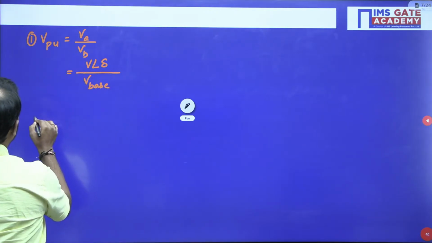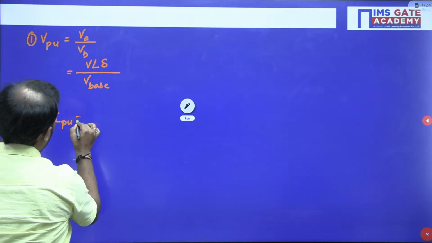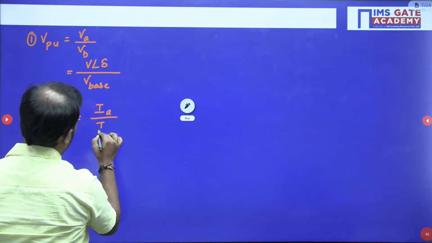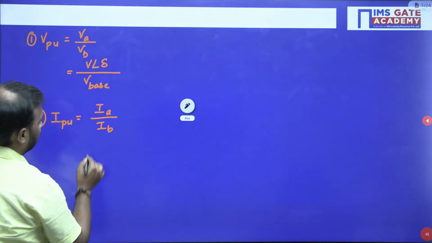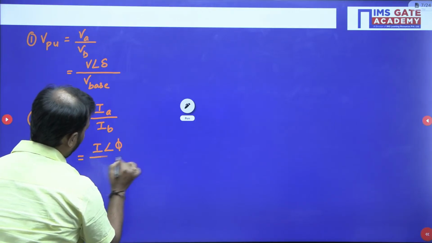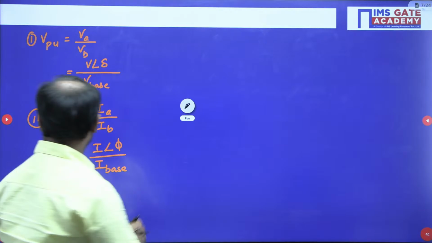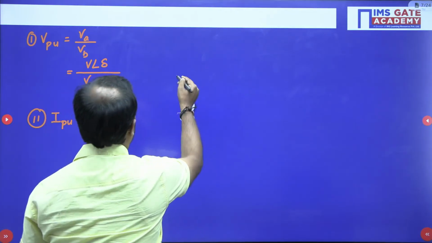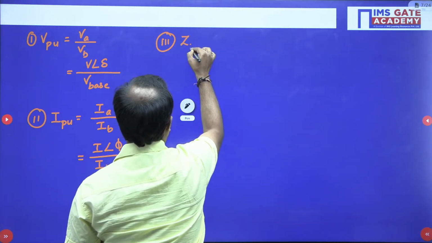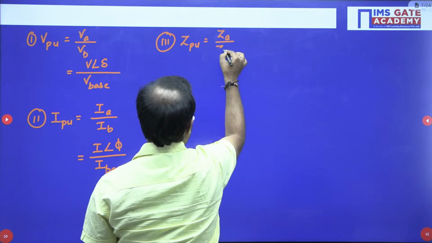Next, current per unit or I per unit. This is I actual divided by I base. I actual was I at an angle phi, divided by I base. Done. Third one, impedance Z per unit. This was Z actual divided by Z base.